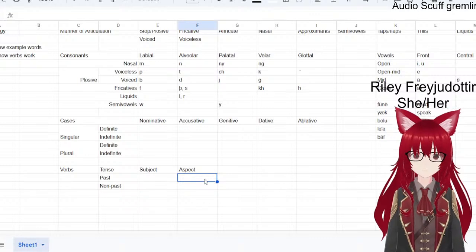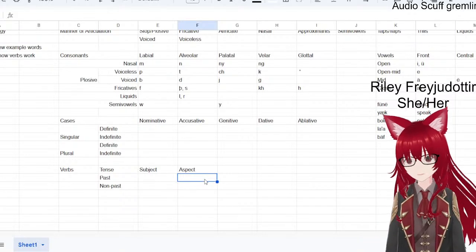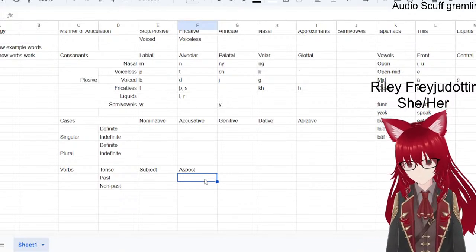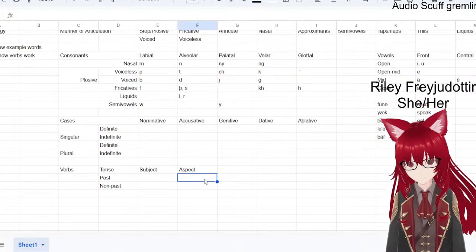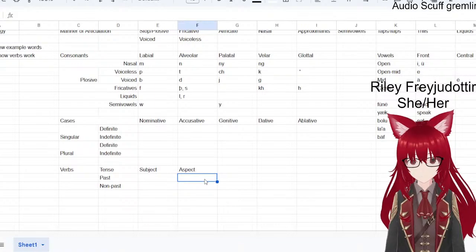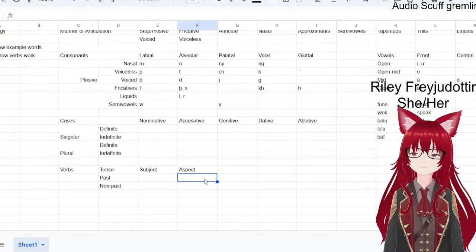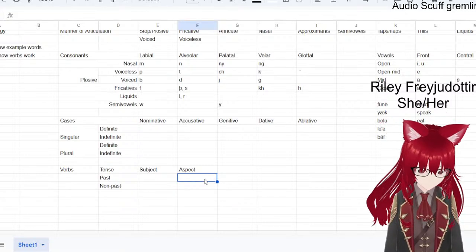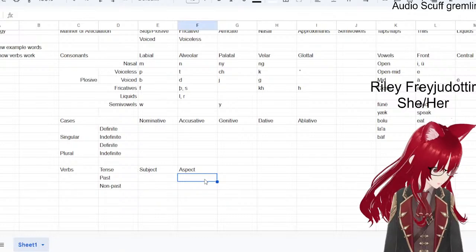If somebody says "I walked to the store," you might expect it to be followed up by what happened when they got to the store. If you hear "I was walking to the store," you would expect to hear something about what happened while they were walking. That's the difference between those two aspects.